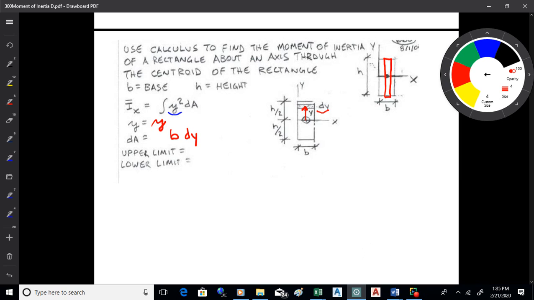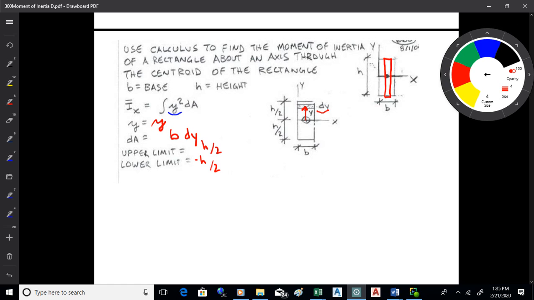I'd sample up a distance y, square that distance, and then multiply it by the base times whatever my dy increment is that I set. I would start running this at negative h over 2, and end at h over 2. That's the process I would use, and I would just plug it into that integral, run it, and see what I come up with.